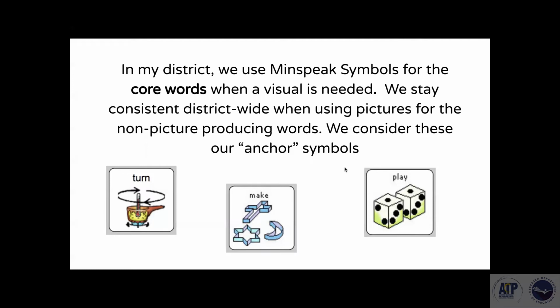You're going to see these symbols all throughout my examples. Look at how we're embedding core words. If you chose a different symbol set or you have a variety of different symbol sets, that's absolutely fine. Again, choose what works best for you; it doesn't necessarily have to be one symbol set.